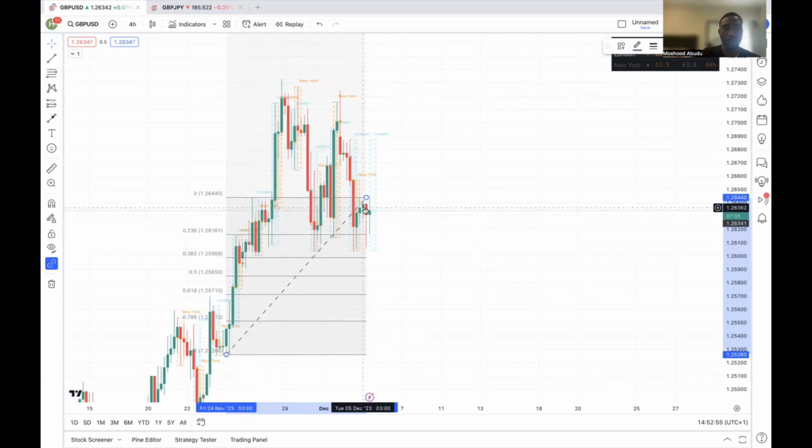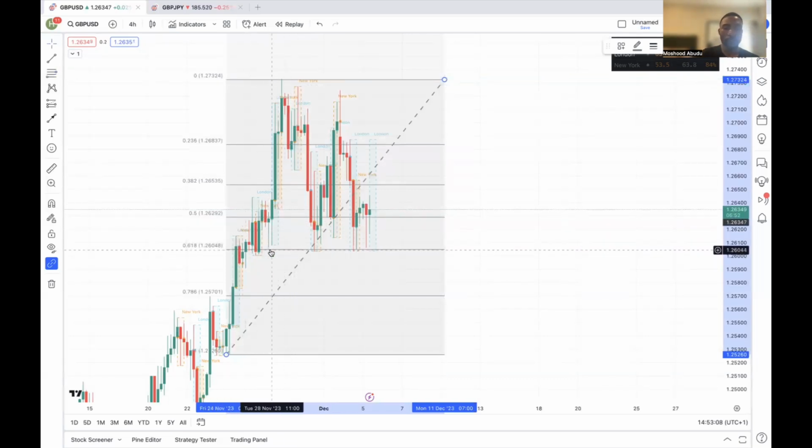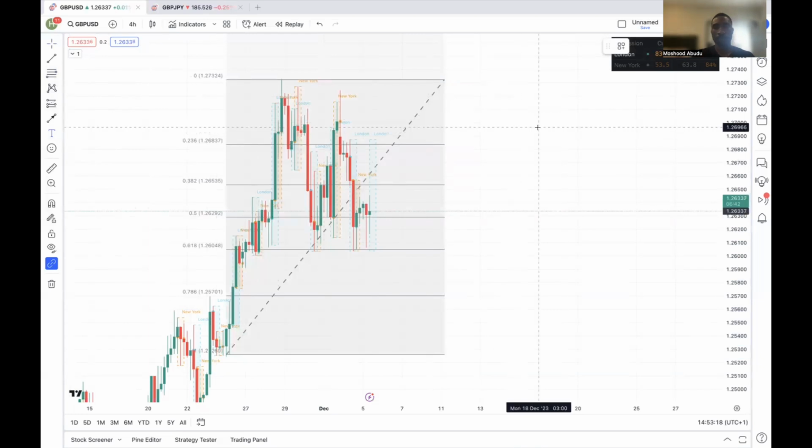So then if we move this area to this one, for me, I always like to look at the bigger picture of the market. So what do we have? We have the market consolidating from the 0.618 Fibonacci level, which is, let me show you, the strongest level on Fibonacci retracement. So let me just type in.